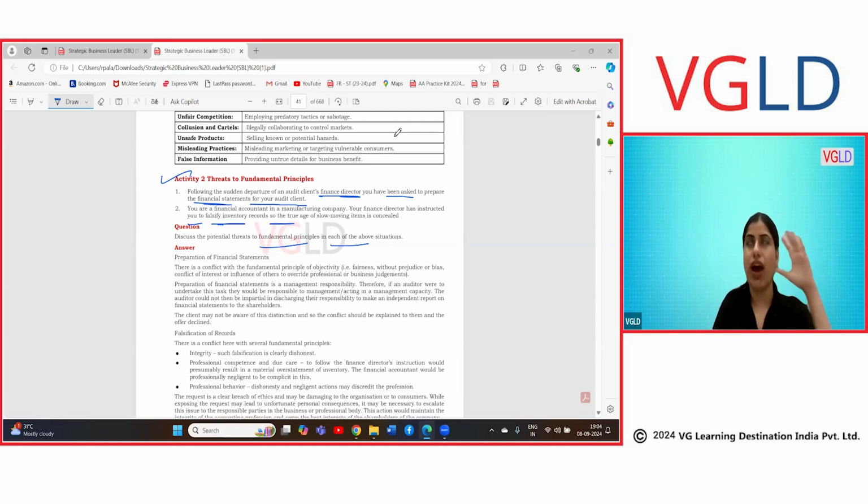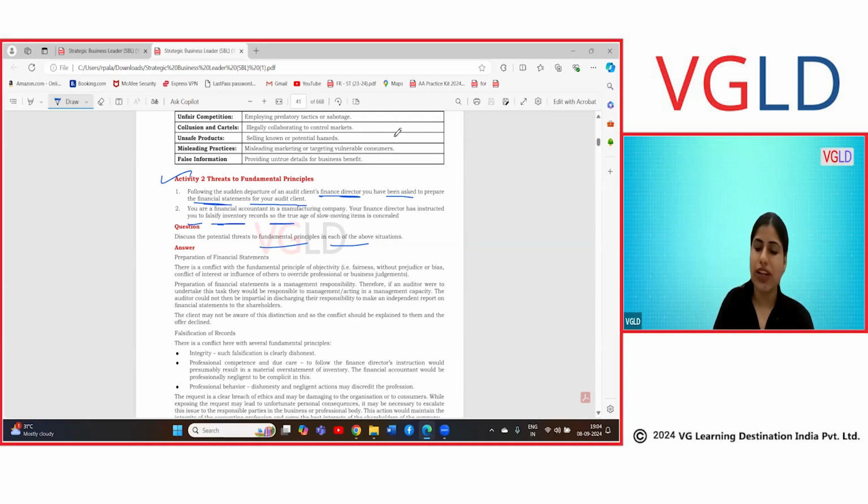Remember PICOP. Whenever you have a certain ethical situation, remember PICOP in your head. Integrity you have mentioned. Now, P is professional competence and due care. That means you have to prepare the financial statements and consider that whatever work you are doing is according to the knowledge you have covered in your syllabus or in your practical experience.